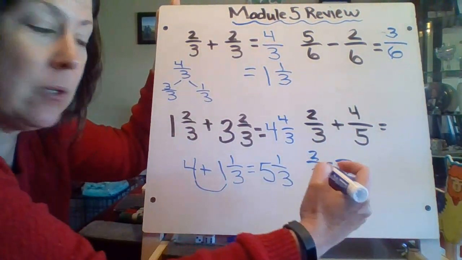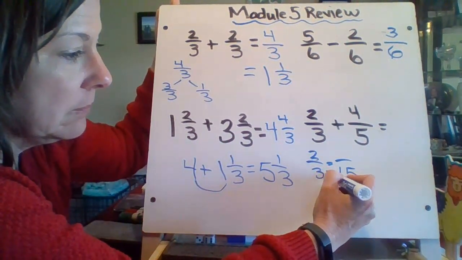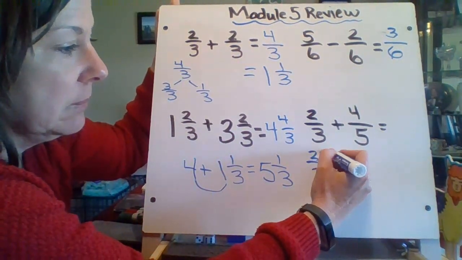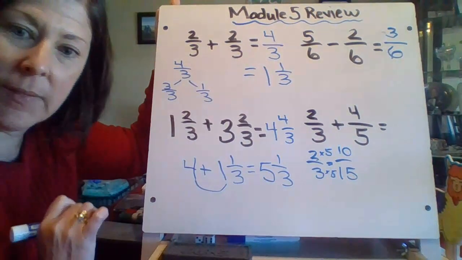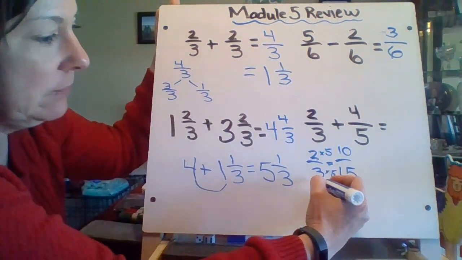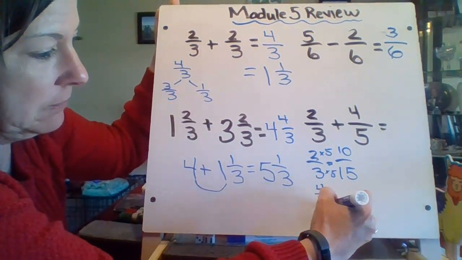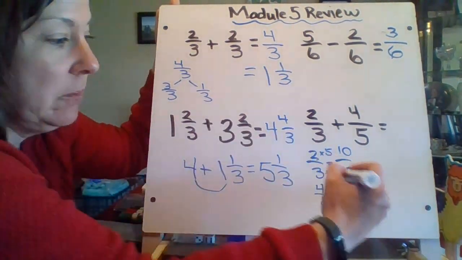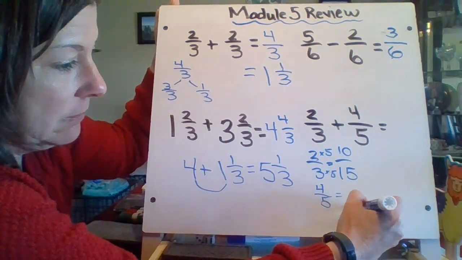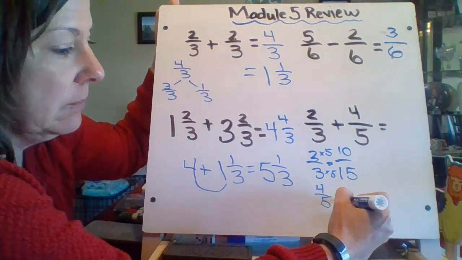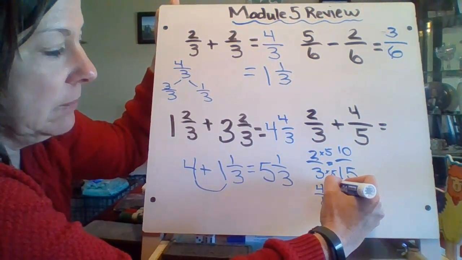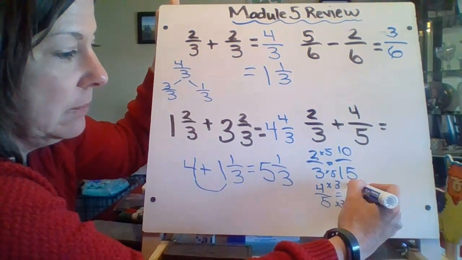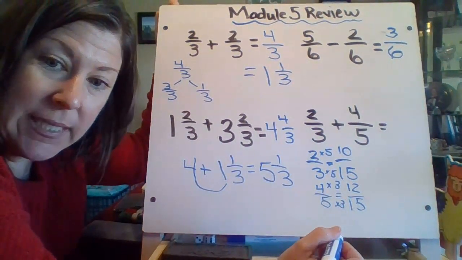2/3 is equal to 10/15. 4/5 is equal to 12/15.